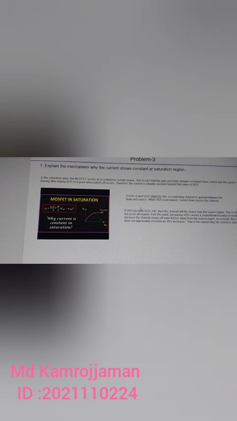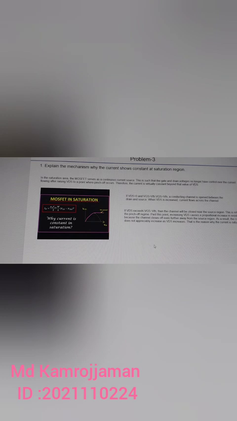If VDS equals 0 and VGS greater than VTS, a conductive channel is opened between the drain and source. When VDS is increased, current flows across the channel.